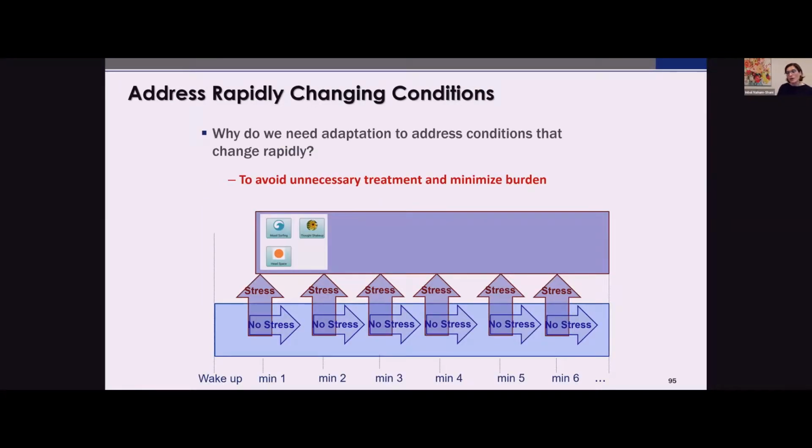All right, but why do we need adaptation? I think the primary reason why we need adaptation when we're trying to address conditions that change rapidly is because we need to minimize unnecessary treatment and burden. So these two things are connected, but they're quite different, right?